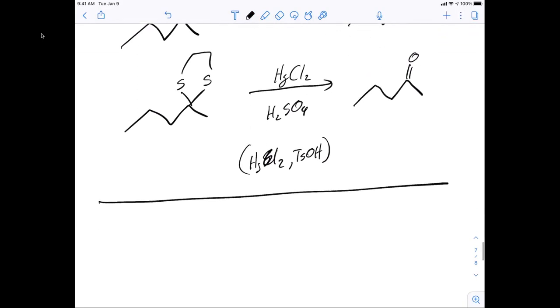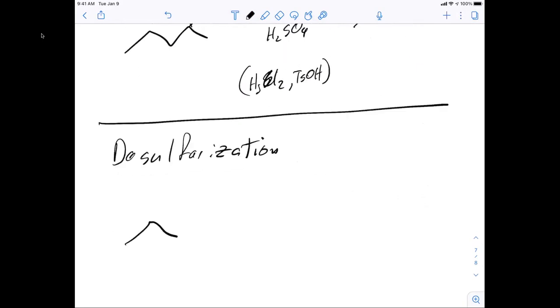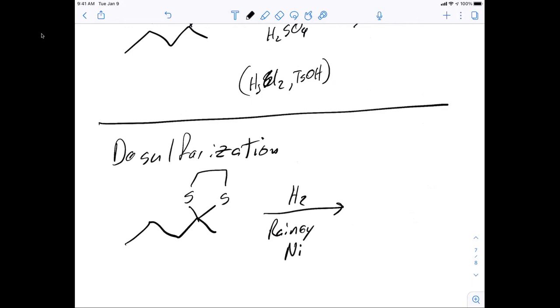The other reaction with the dithiol is the desulfurization. If I use Raney nickel, which is a preparation of nickel, they bubble hydrogen through it and it's very porous.